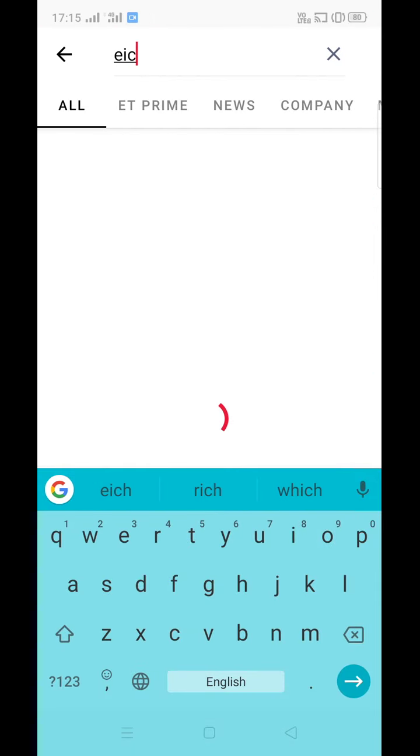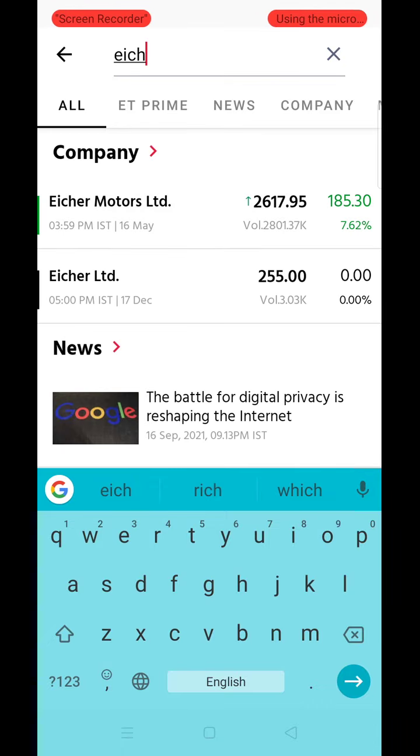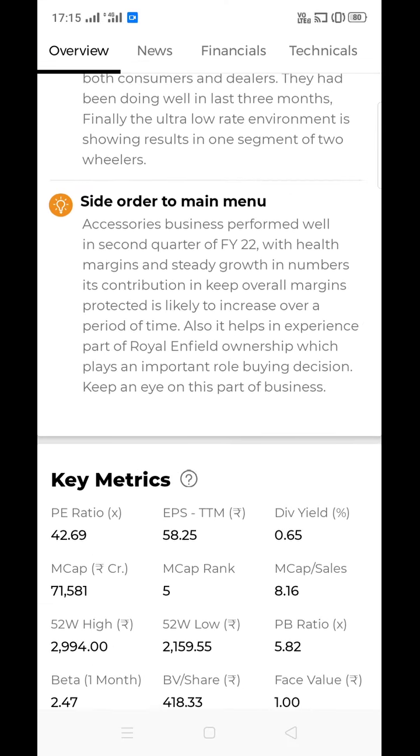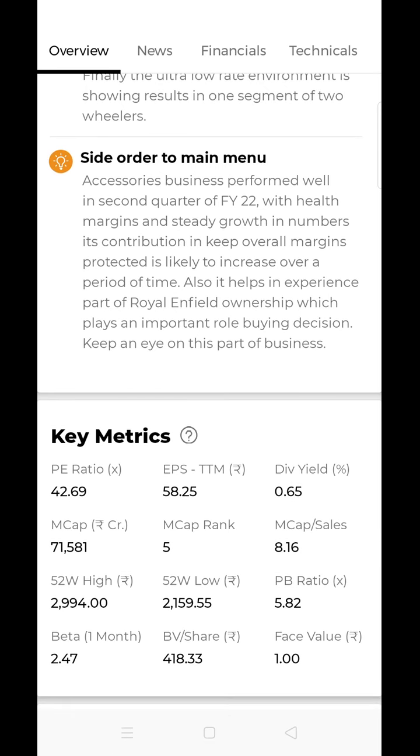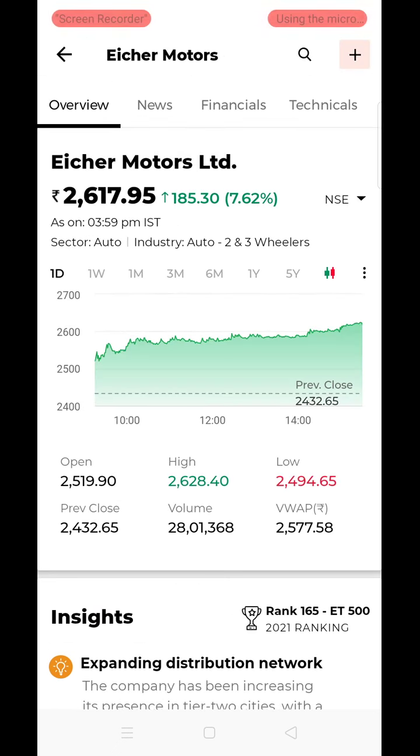Let's look at Eicher. 42. So compared to Bajaj Auto, Eicher is trading at quite a lot of premium. But that's how it is positioned. It has a unique proposition.